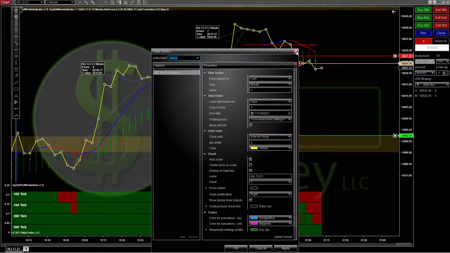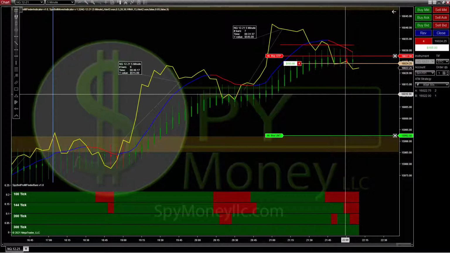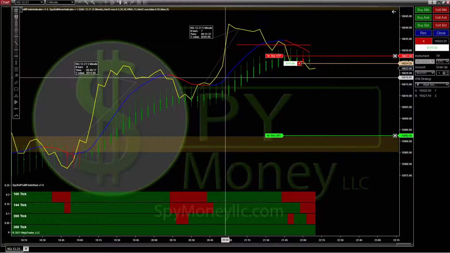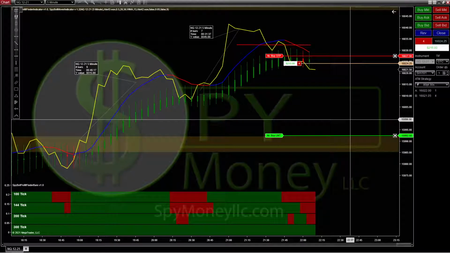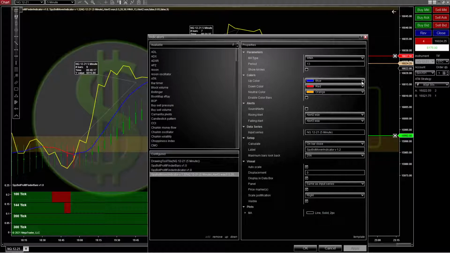That one we already changed it to. There you go. And you can make this any color you want, even the mover. Yeah, I changed mine to green and red, just what matches the candles. We can do that. Make it look like yours.